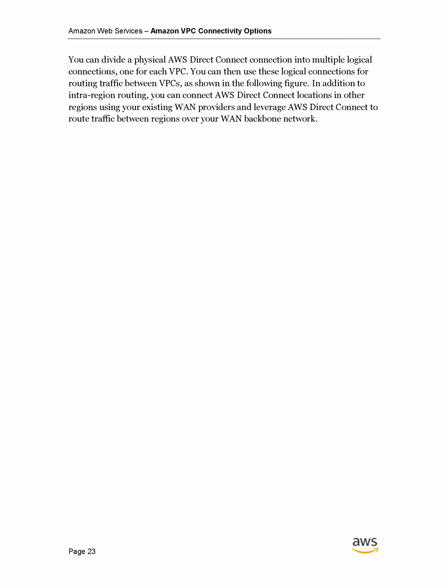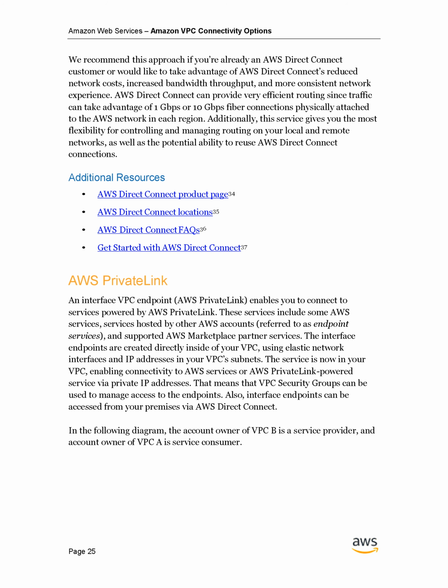In addition to intra-region routing, you can connect AWS Direct Connect locations in other regions using your existing WAN providers and leverage AWS Direct Connect to route traffic between regions over your WAN backbone network. We recommend this approach if you're already an AWS Direct Connect customer or would like to take advantage of AWS Direct Connect's reduced network costs, increased bandwidth throughput, and more consistent network experience.